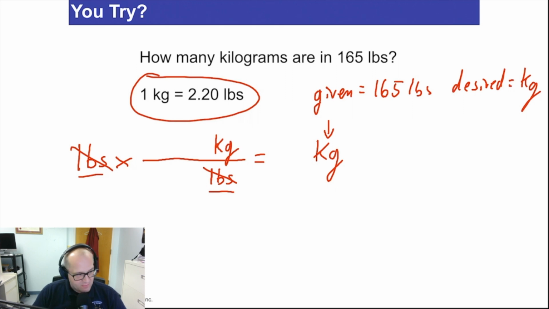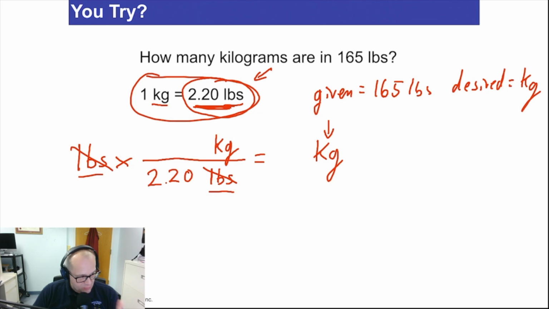Now, do we have a conversion factor or an equality that relates kilograms to pounds? And yes, we do. It's right here. All right. So this question became really easy. Now, where does the 2.20 go? It always follows its unit, right? 2.20 pounds goes here. It's here, and now it's down here. Okay?